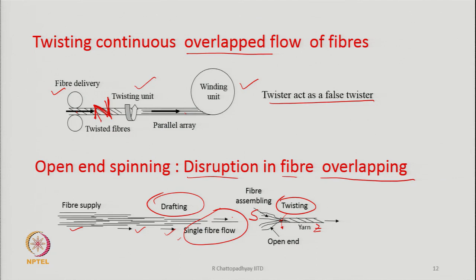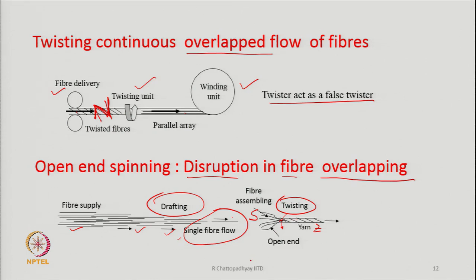So, fibers are moving at a high speed, and then at the twisting point they arrive, and they have to slow down, because we need to have, let us say, 100 or 200 fibers in the yarn cross section.